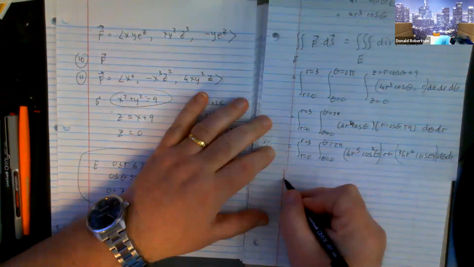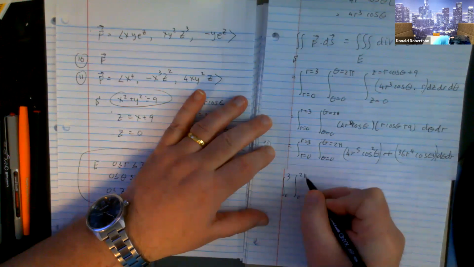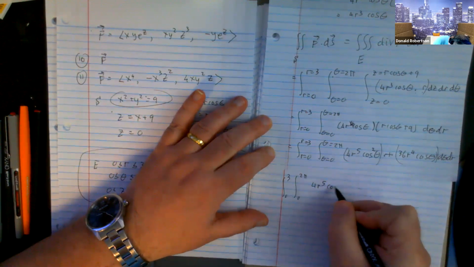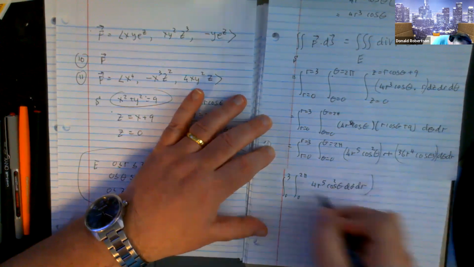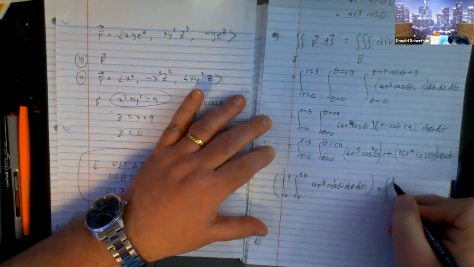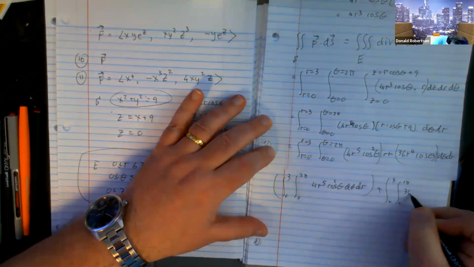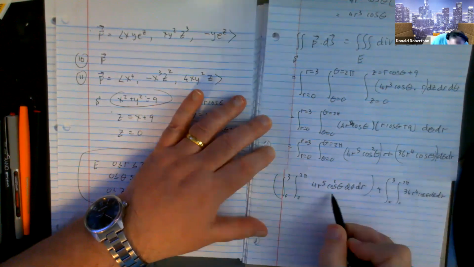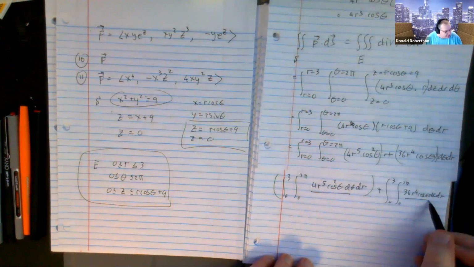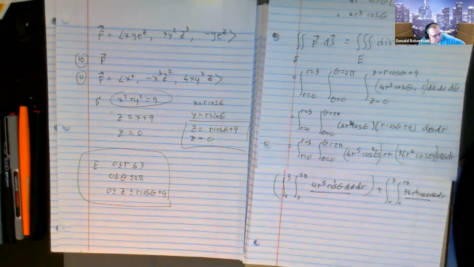You could call it 0 to 3, 0 to 2 pi of this guy plus 0 to 3, 0 to 2 pi of the other guy. And I think you could split that up and split that up. It'd be different splits, but you could split them up. And that might reduce your workload a little bit. At least it'd make it less ugly, and less ugly tends to reduce mistakes. Are we good with that question now? Okay.